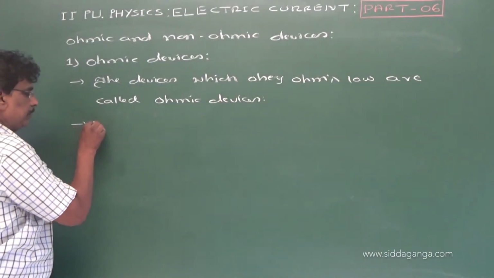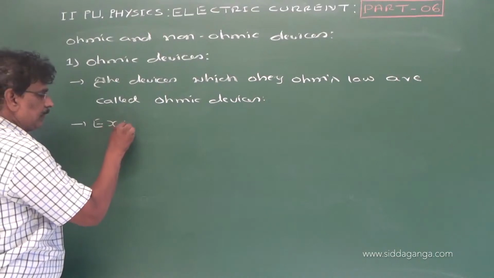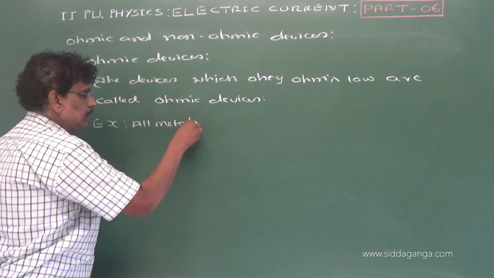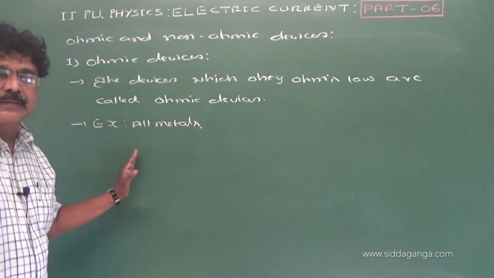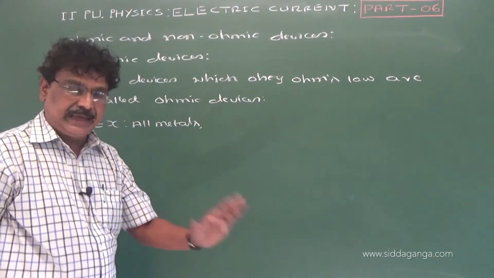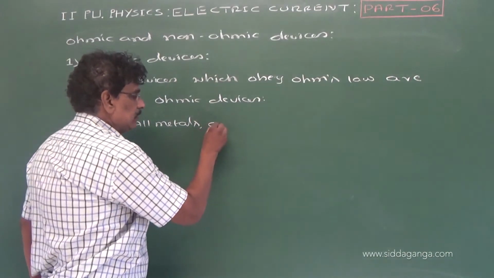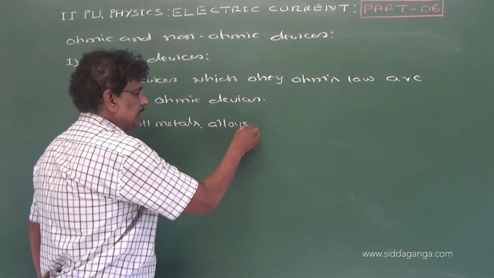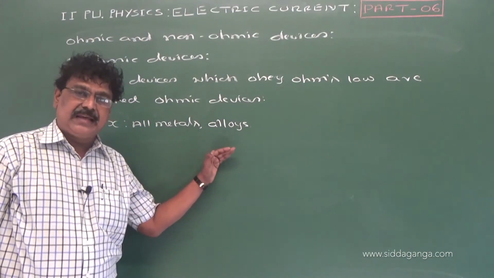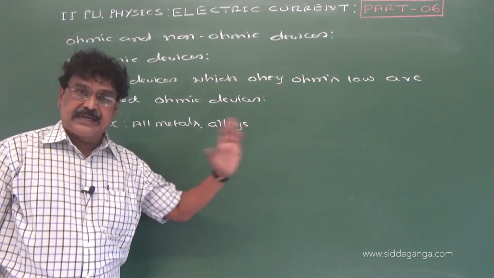For example, all metals: copper, aluminium, silver, gold, etc. Alloys like constantan, manganin, nichrome, etc.